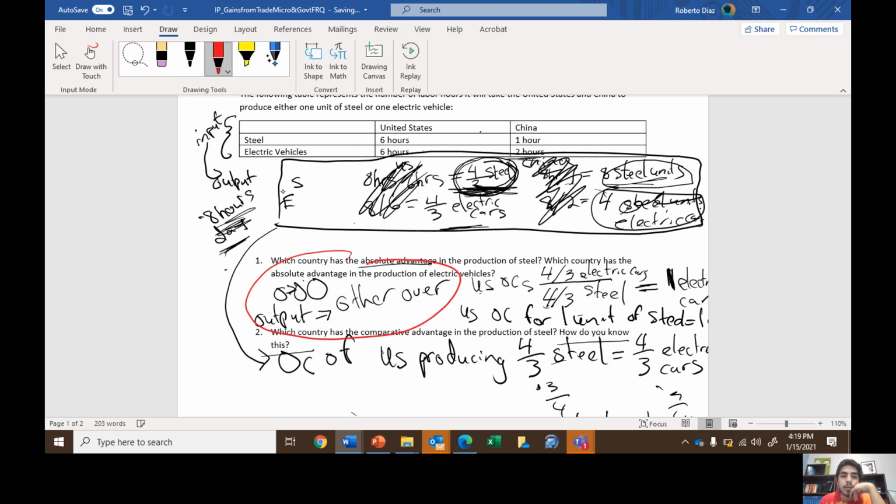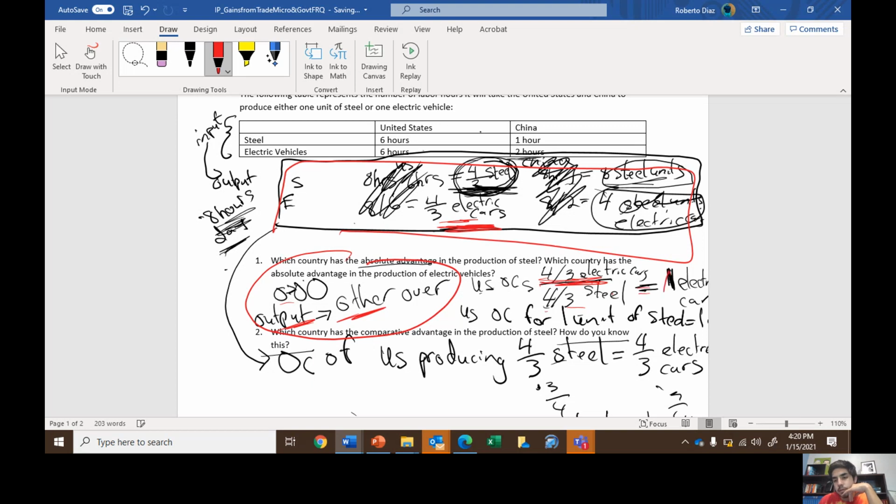If you're given output data, use this acronym: output data, put the other value, or you can think of it as putting on the top of the fraction what you give up, so 4/3, and in the denominator, you put the maximum output value of the good whose per unit opportunity cost you're trying to determine.